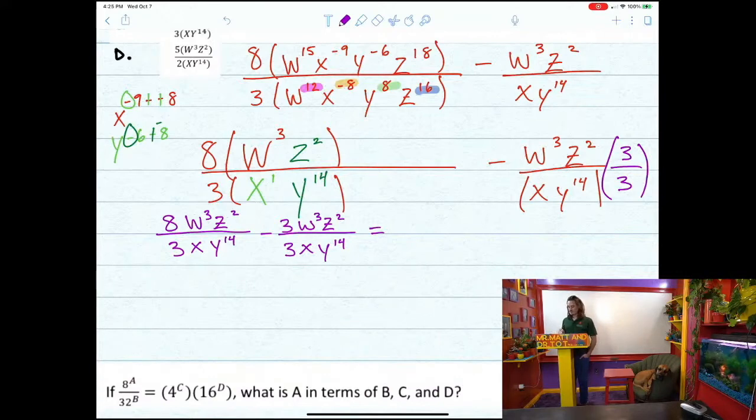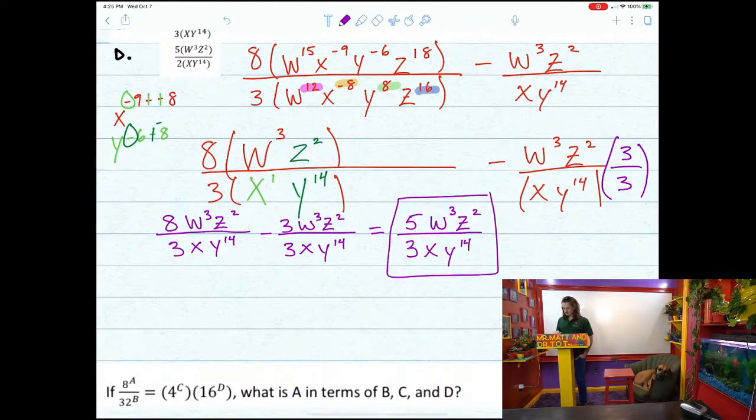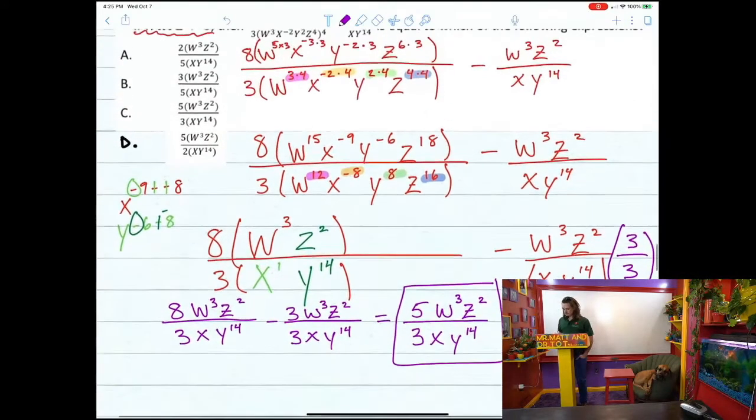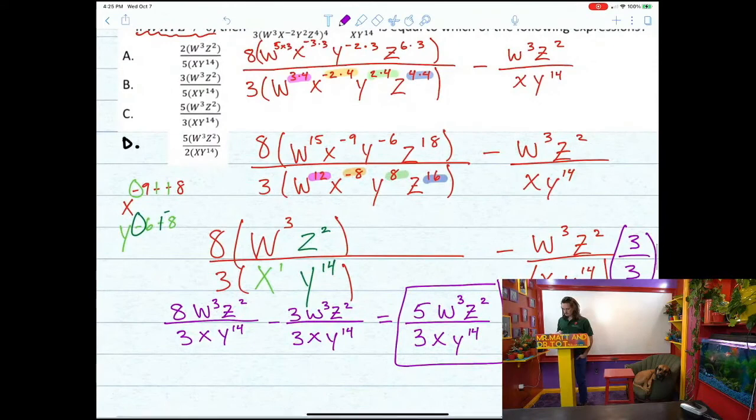W's to the third, z is squared, so we can just subtract away coefficients. 8 minus 3 is 5. So your answer here is going to be 5w cubed z squared, quantity divided by 3xy to the 14th. And that's answer selection C.